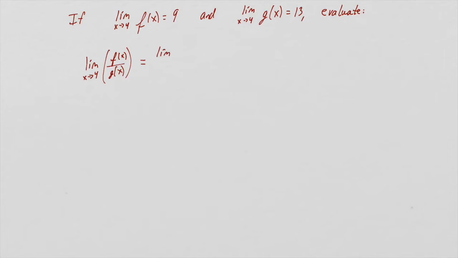This is going to be the limit as x approaches 4 of f of x over the limit as x approaches 4 of g of x, provided that this denominator does not equal 0. Obviously, you can't divide by 0. Nothing works if you do that. And it doesn't equal 0, so we're good. Our numerator, the limit as x approaches 4 of f of x, is 9, given in the problem, over the limit as x approaches 4 of g of x, which is also given as 13, and our answer here is just 9/13.